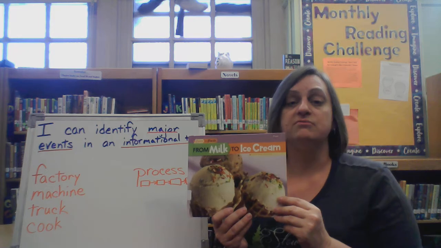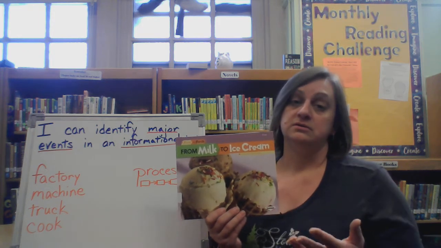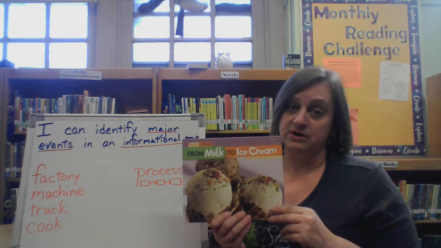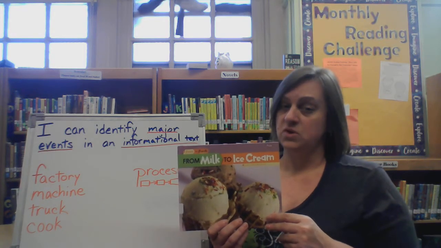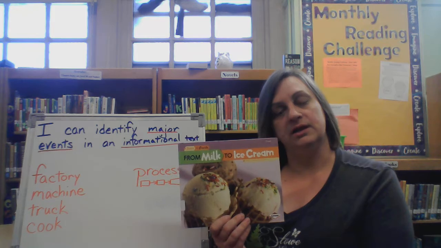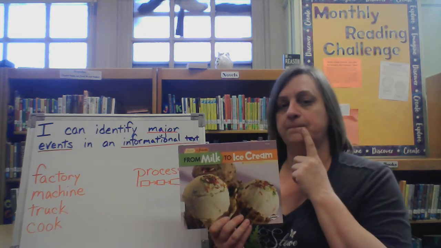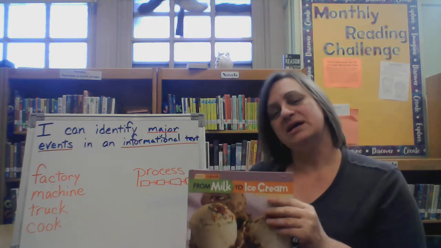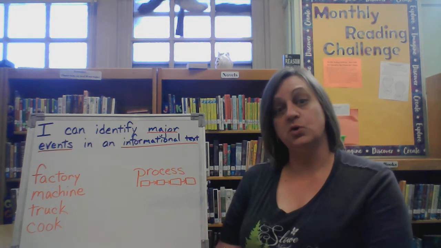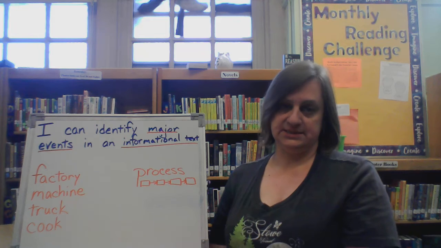So the first thing I really want you to think about is milk. You've probably got milk in your refrigerator right now. But milk can become other things. What are some things that we can make milk into? Let me think. I know that milk becomes ice cream. But what else? Ooh, milk can become cheese.